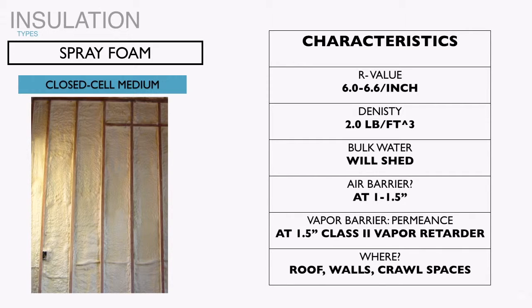It also has a much lower permeance, and it will act as a class 2 vapor retarder at 1.5 inches. And again, we see this in interior walls, roof, walls, and crawl spaces. But the permeance is getting low enough with closed-celled spray foam that you want to be cautious.